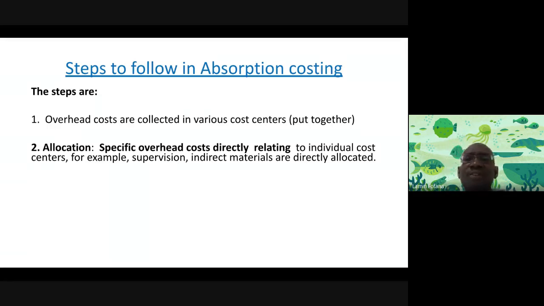If it is a supervision cost in a manufacturing company manufacturing product A, naturally you will know that the supervision cost in that department relates to product A. So easily you can allocate the specific overheads, the overheads that are directly attributable to the product or service.